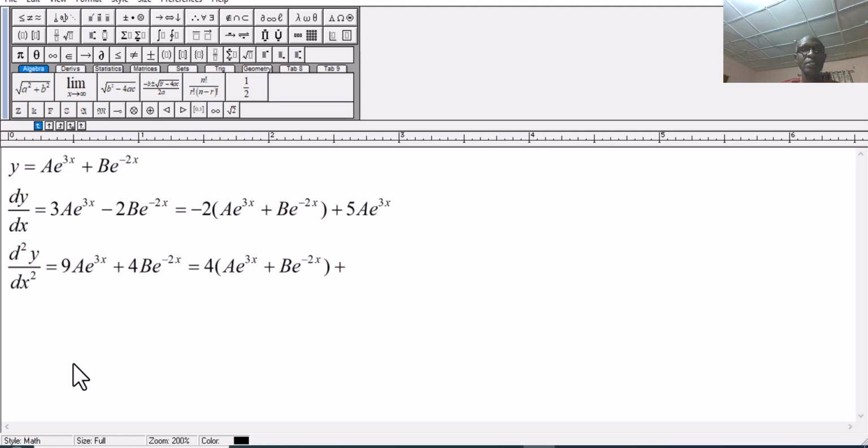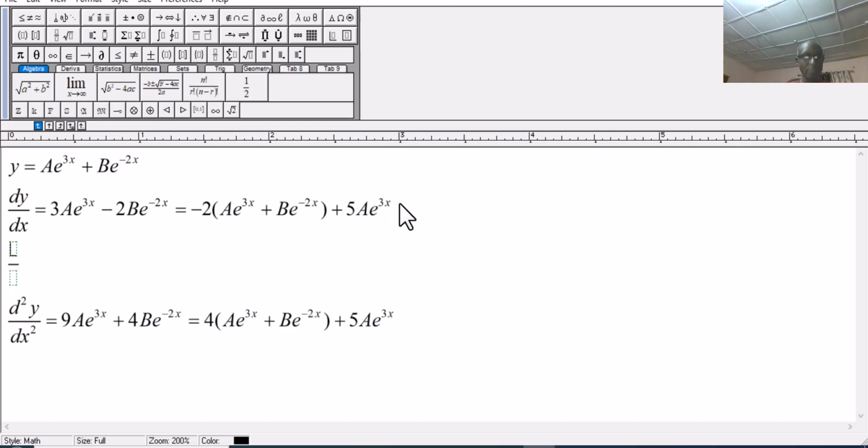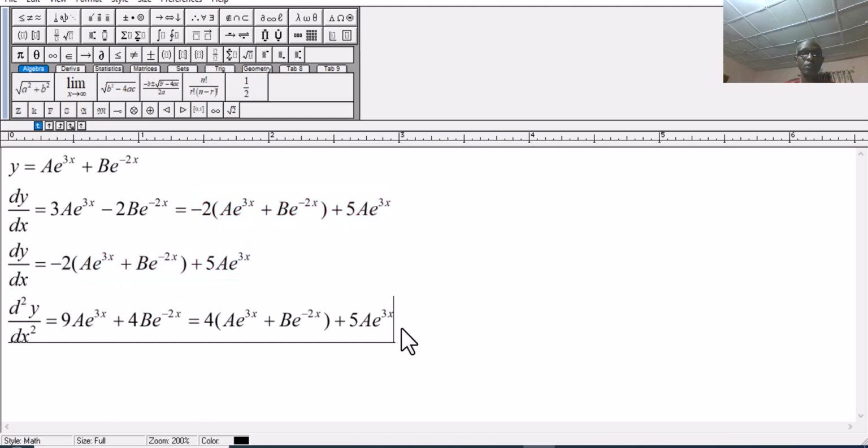Now, what are we going to add? If you look at it, we already have 4a e raised to the power of 3x here, so we need to add 5a e raised to the power of 3x again. Let's do it like this: our dy/dx equals what I copied, and let's call this equation 1.